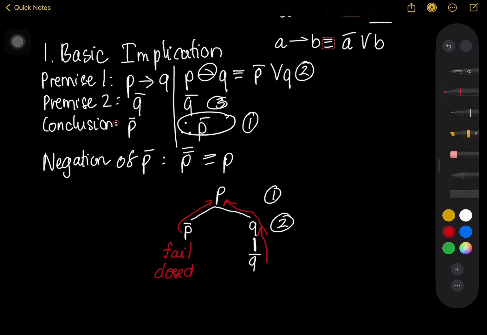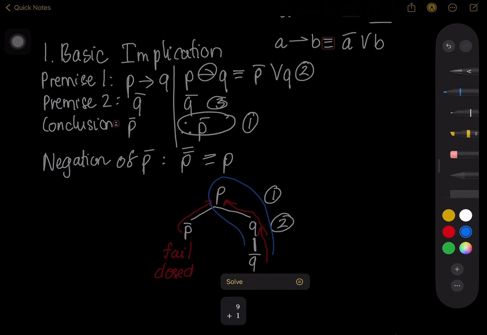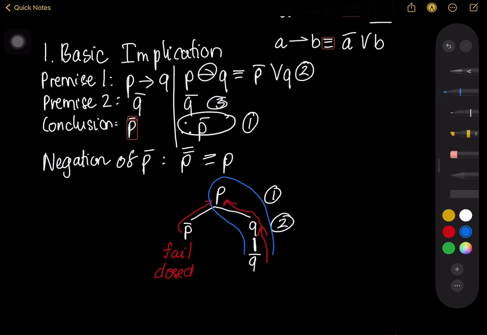So now we know that this branch over here also has a contradiction. It contains both Q and not Q, which is the negation of it. So we say this branch also fails.